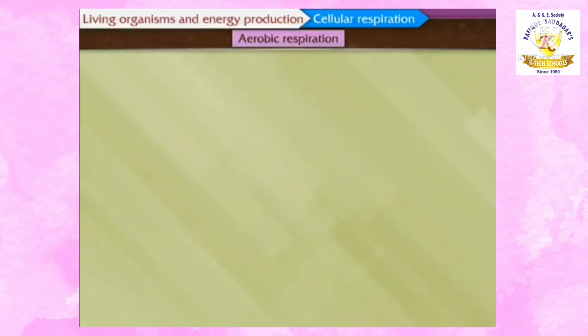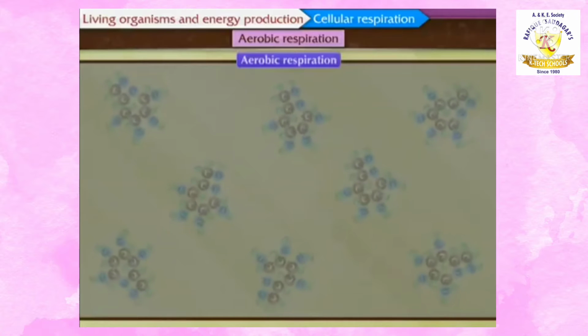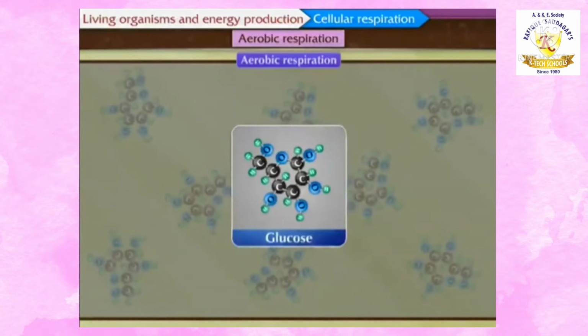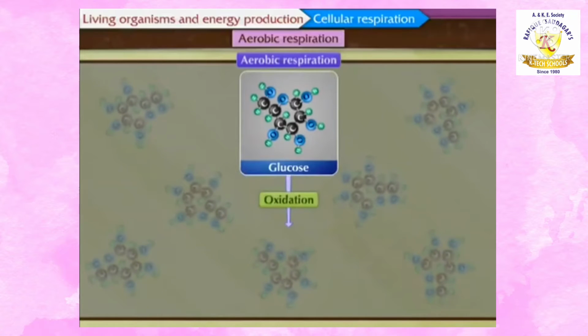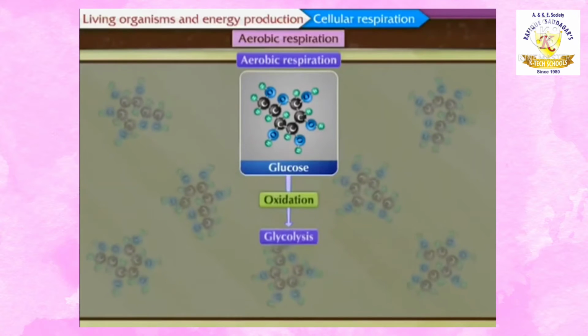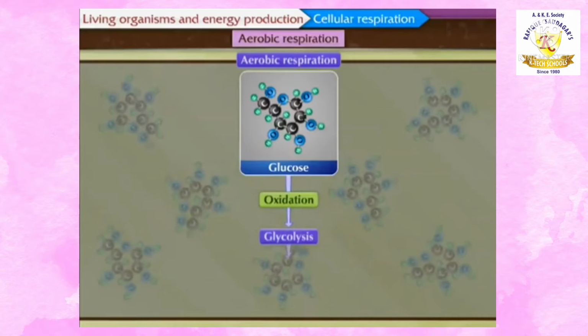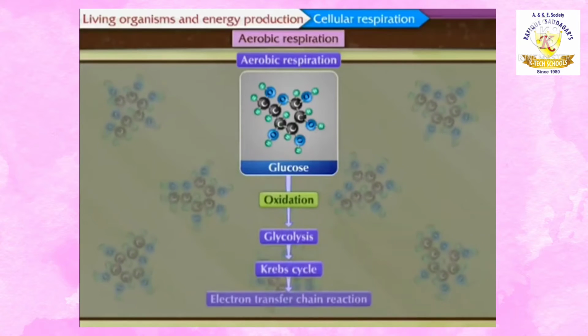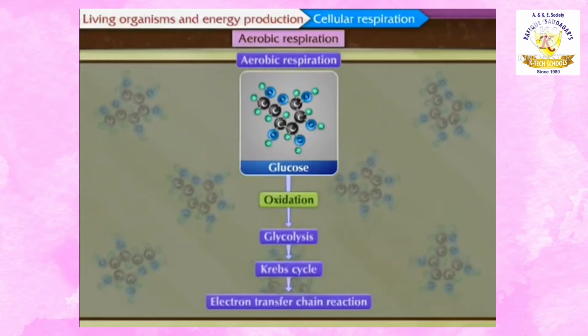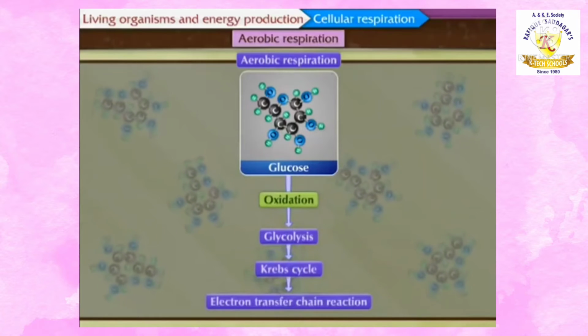In aerobic respiration, glucose is oxidized in 3 steps: glycolysis, Krebs cycle, and electron transfer chain reaction.